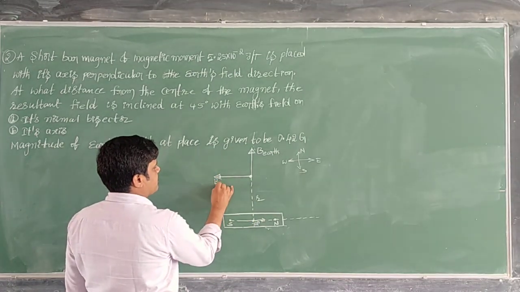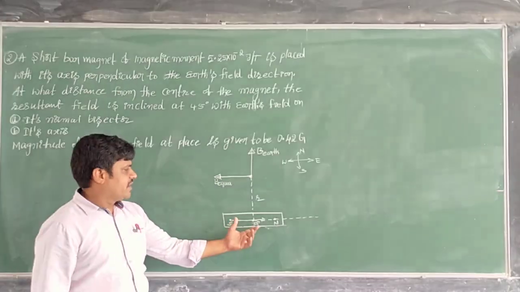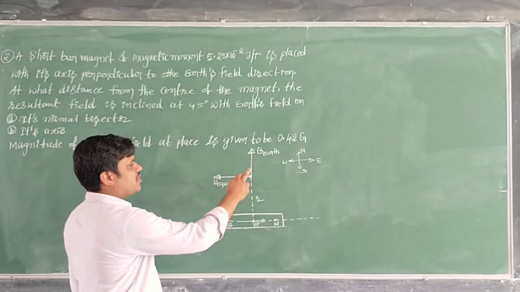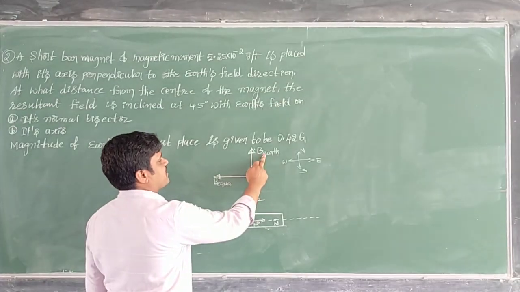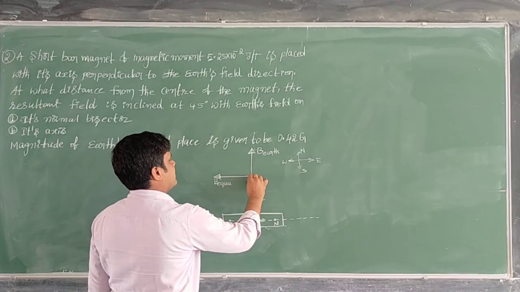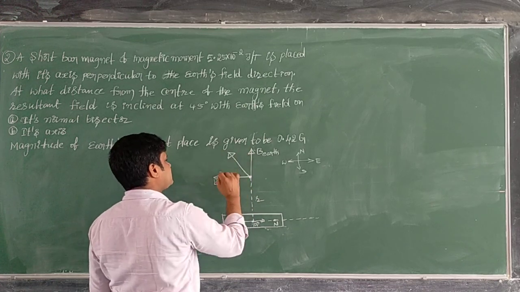Here this is the magnetic field due to the bar magnet on the equatorial line. This is the direction of the Earth's magnetic field and this is the direction of the equatorial line field.